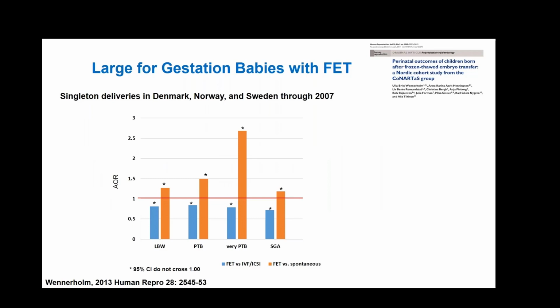This trend was again seen in a Nordic study by Wennerholm and colleagues, in which frozen embryo transfer had a lower risk of low birth weight, preterm and very preterm birth, and small for gestational age babies than fresh transfers. In this graph, developed from the data presented in the study, the adjusted odds ratio is on the y-axis, and the red line shows an adjusted odds ratio of 1.